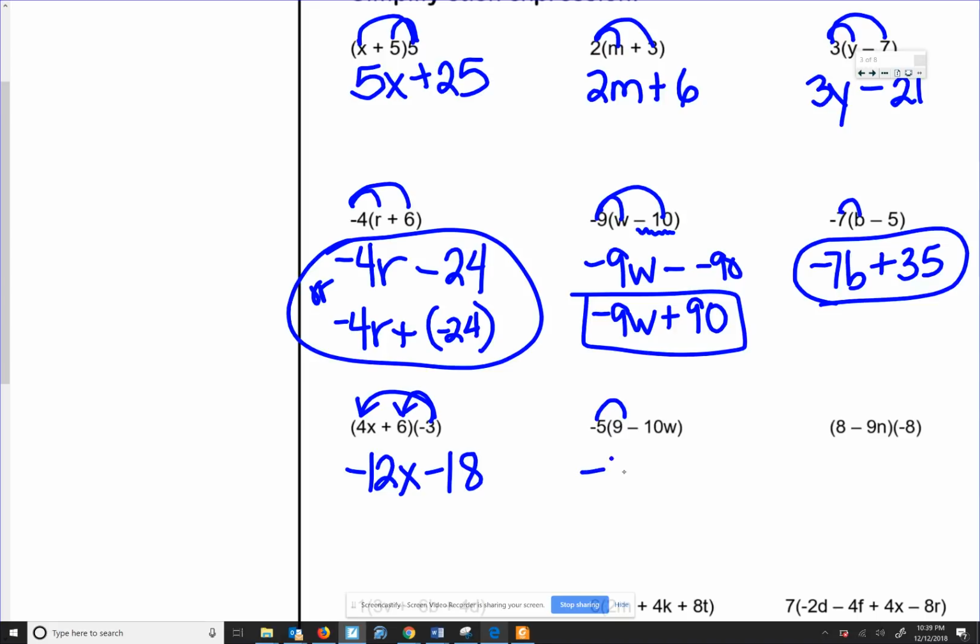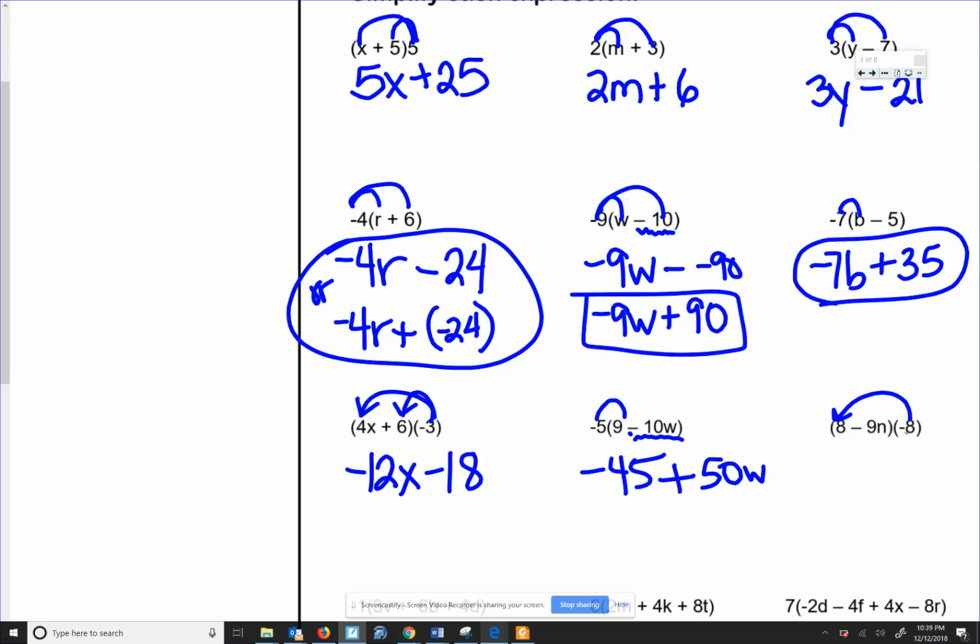Negative 5 times 9. Negative 5 times negative 10w. A negative times a negative is positive. 5 times 10, 50. Done. This one is on the right as well.